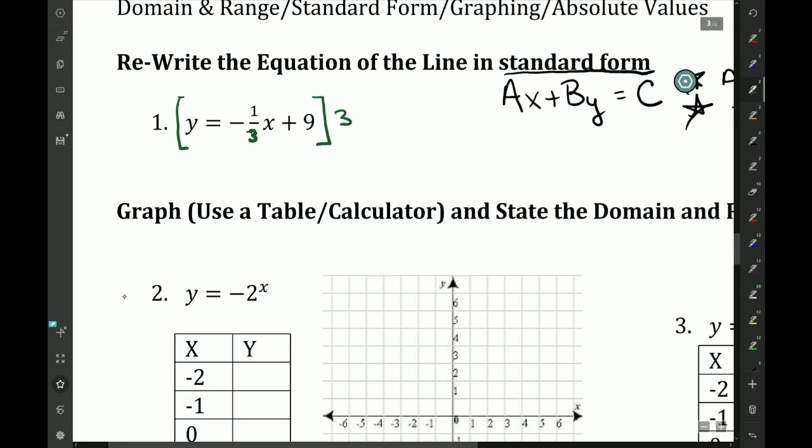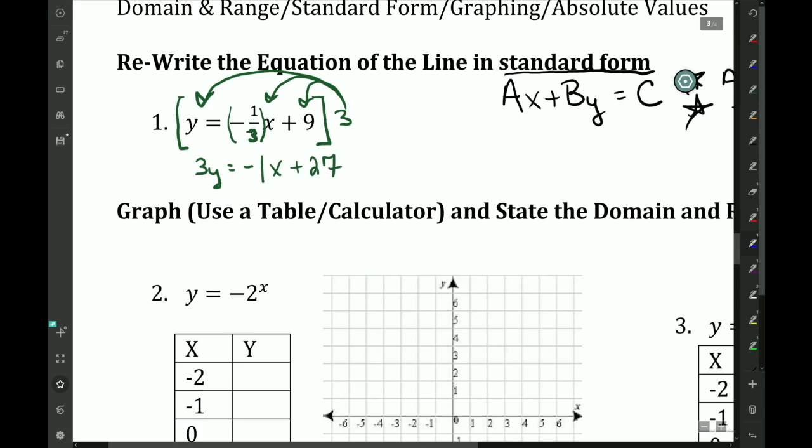So I'm going to multiply everything by 3. So we have 3y equals, if you do negative 1/3 times 3, you're really just left with negative 1x and then plus 27. So the fractions are gone.